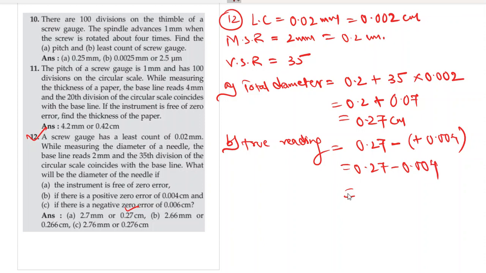So let's find out: 0.27 minus 0.004, 0.266, 0.266 centimeter. Absolutely correct. And if there is a negative zero error, then you will subtract the zero error with a negative sign and get the answer. So that's of course now understood.